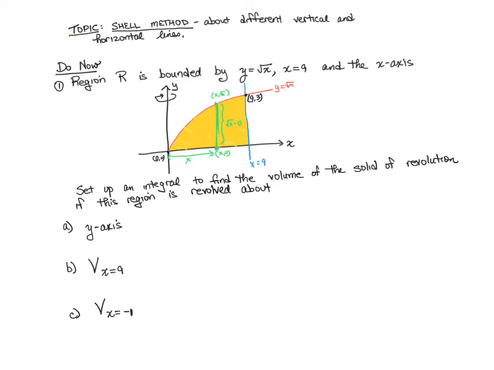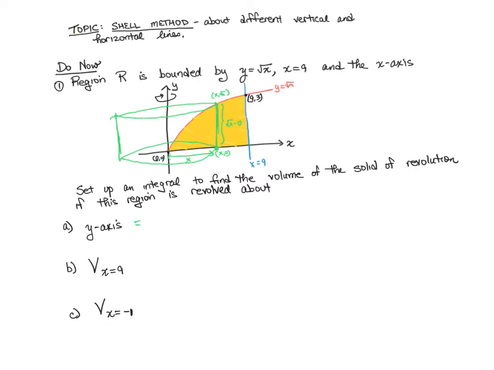Okay. So if we're going to form a shell here, we would reflect here. And we see that the radius of the shell is x. When we go around the y-axis, the radius of the shell will be x.